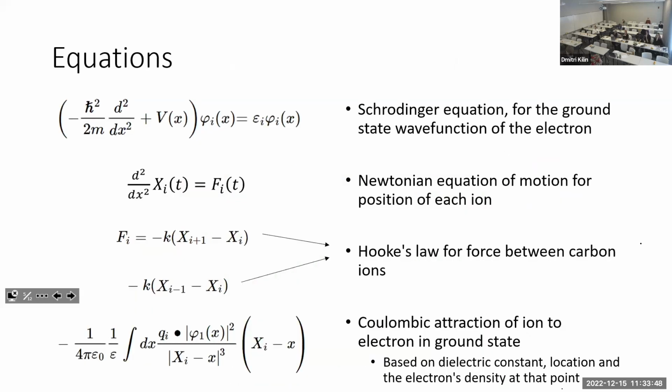So I found a big list of a lot of common solvents, and I put the dielectric constants into the equation for the Coulombic attraction of the ion to the electron. So if there's a larger dielectric constant here, there'll be less force between the two.